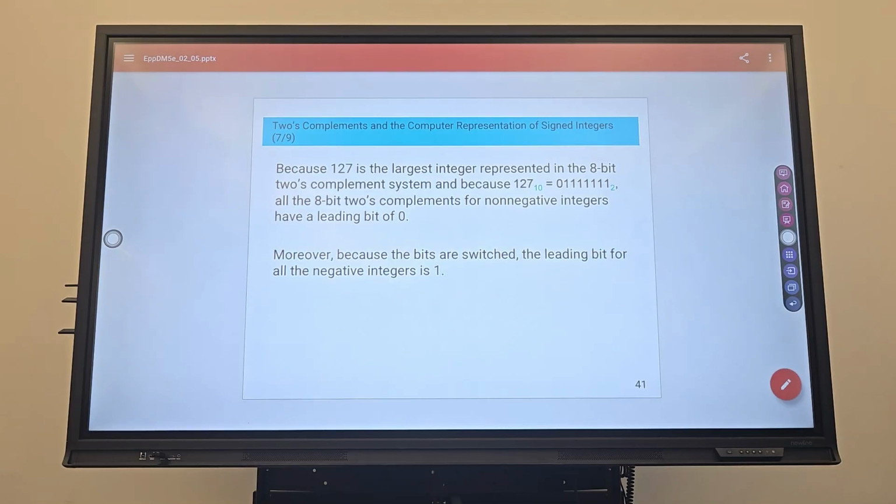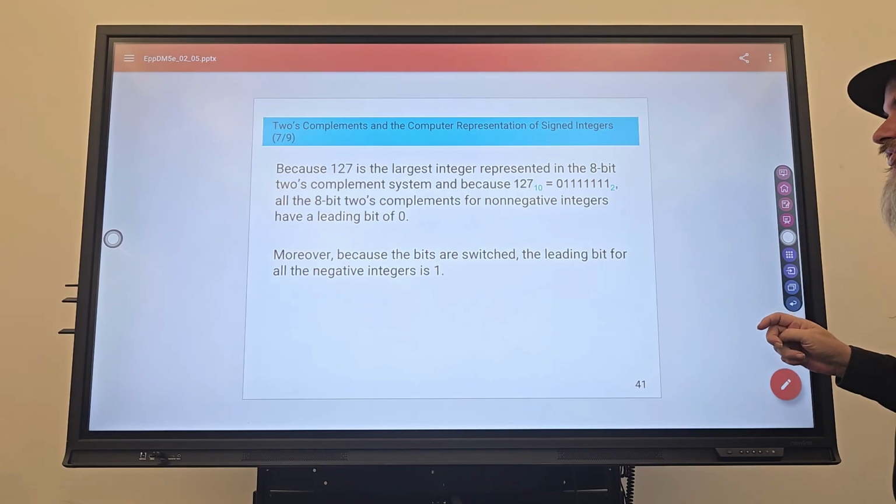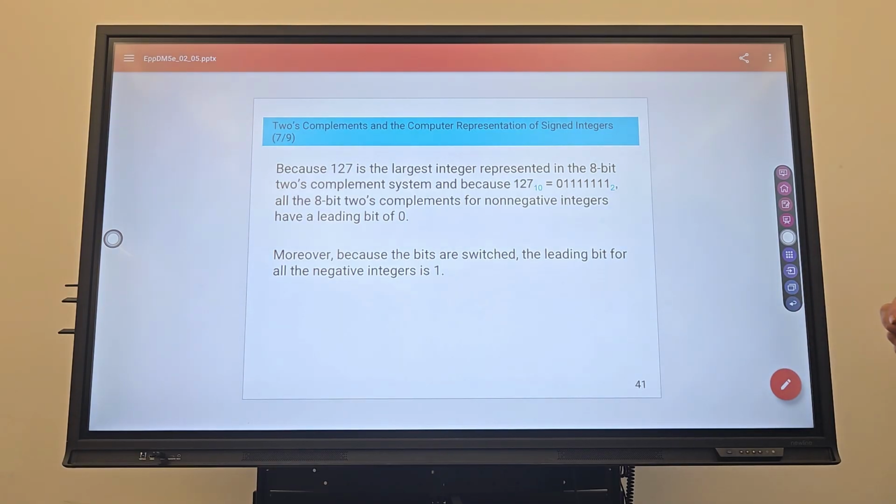Because 127 is the largest integer represented in the 8-bit 2's complement system, and because 127 is a 0 with 7 ones, all the 8-bit 2's complements for non-negative integers have a leading bit of 0. Because the bits are switched, the leading bit for all negative numbers is 1.